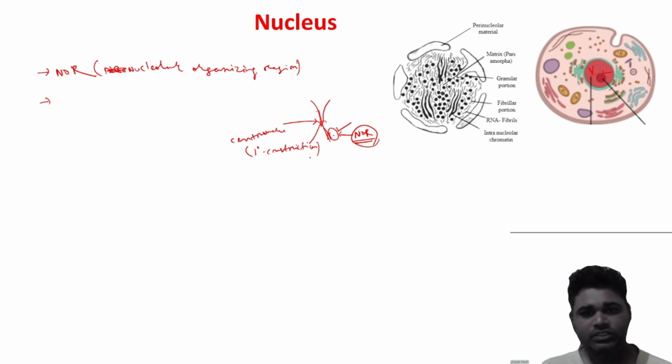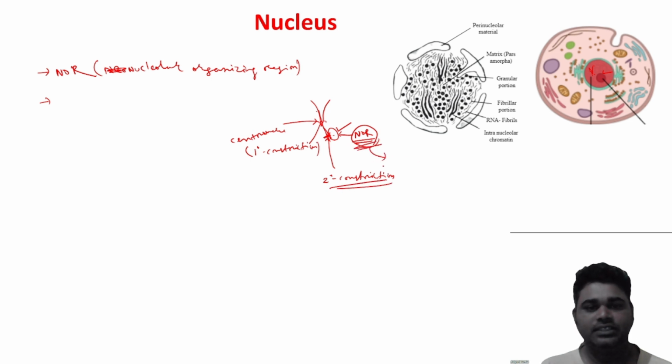Now this other part is called the secondary constriction. So the nucleolar organizing region is simply the secondary constriction.